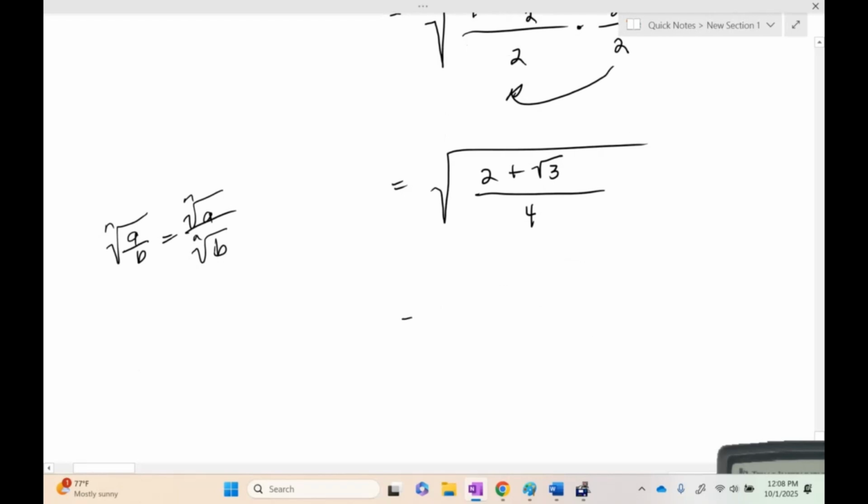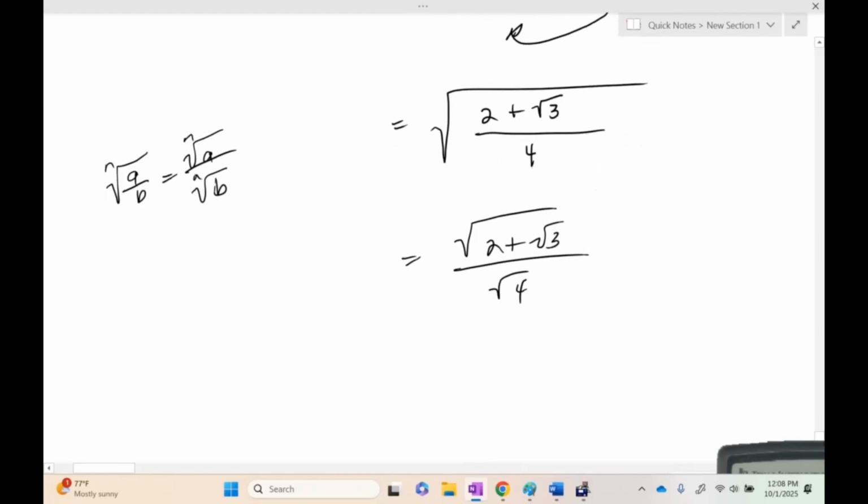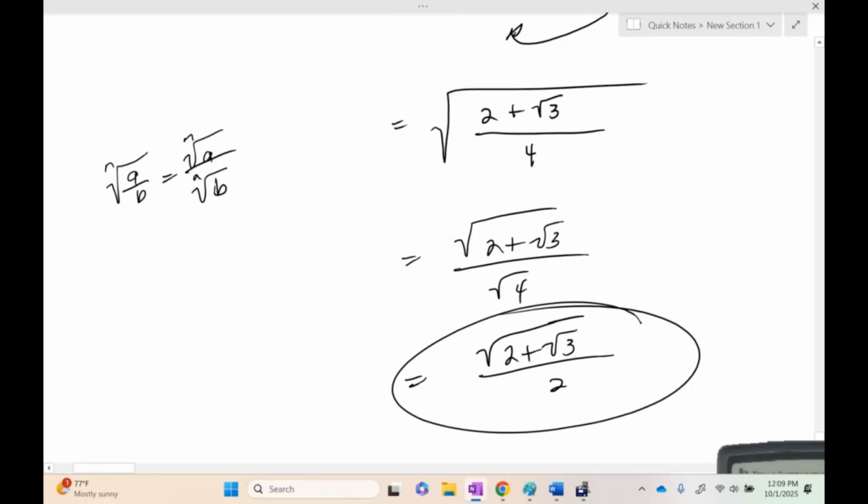So I can write this as the square root of 2 plus the square root of 3 divided by the square root of 4. And the denominator is perfectly what? 2. So this will be my final answer: the square root of 2 plus the square root of 3, divided by 2. And that's the only reason why I took the square root of the top and the bottom, was because the bottom was a perfect square.